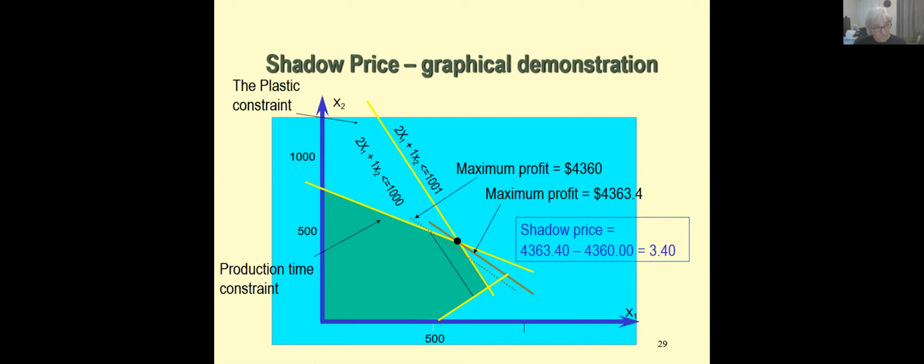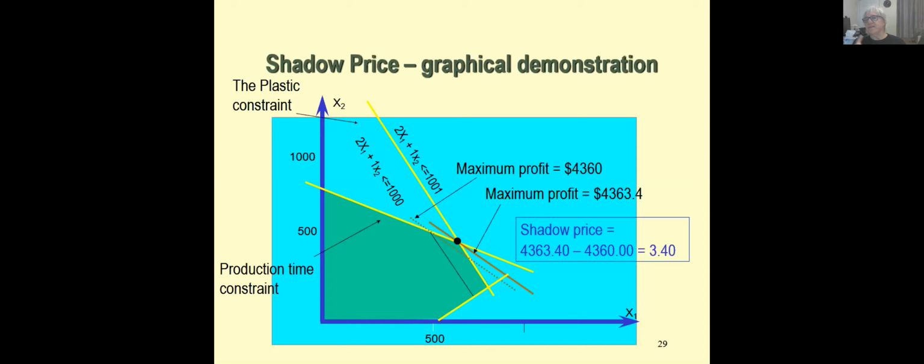In this example, the shadow price is positive, and this means an increase in the value of the objective function. Now, you may say, if I add 2 pounds of plastic, then I add $6.80 because each one is adding $3.40, and you're right.